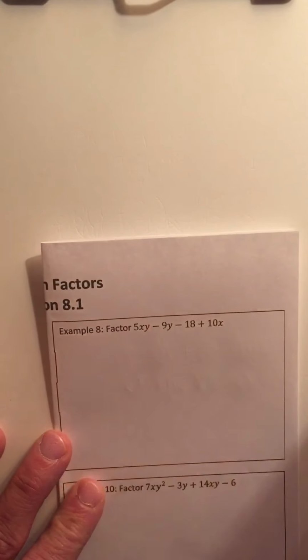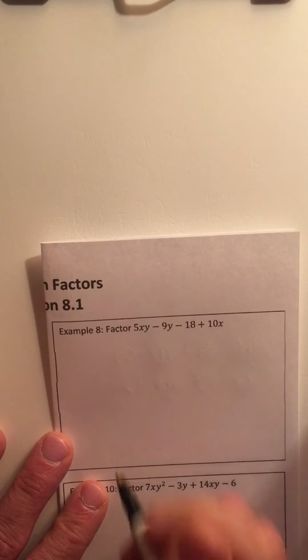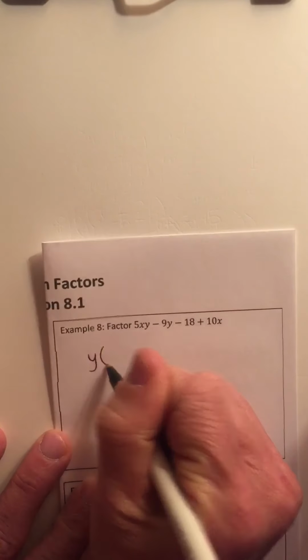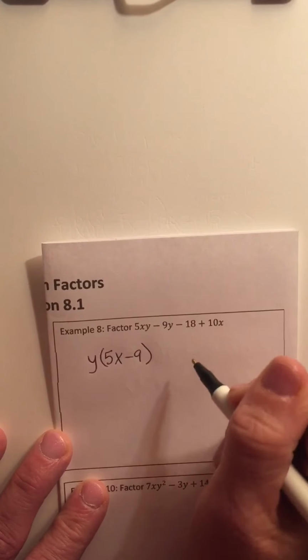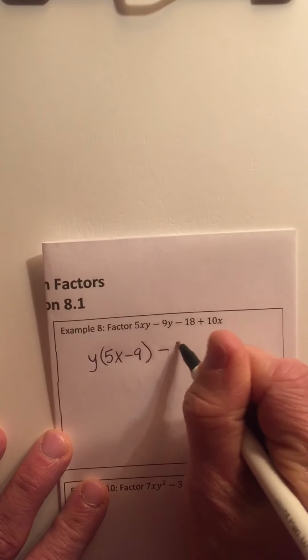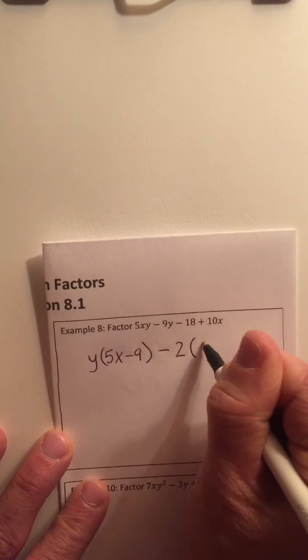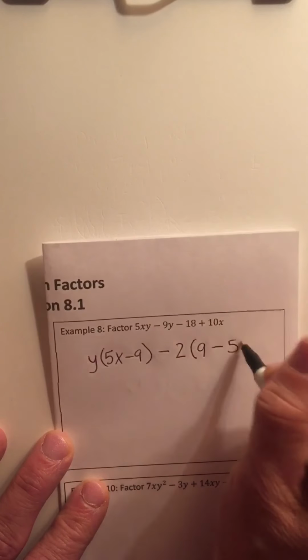Example 8. Look at the first two terms and what can be factored out. Factor out a y times 5x minus 9 minus 2 times 9 minus 5x.